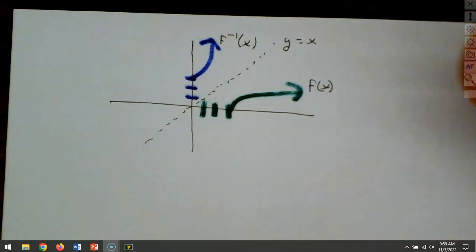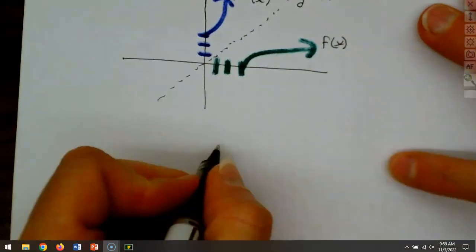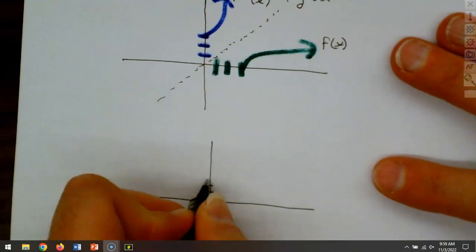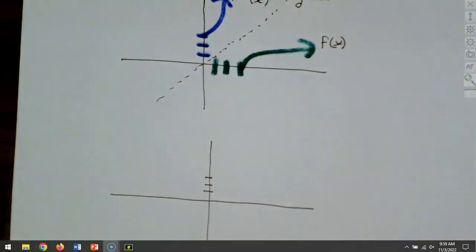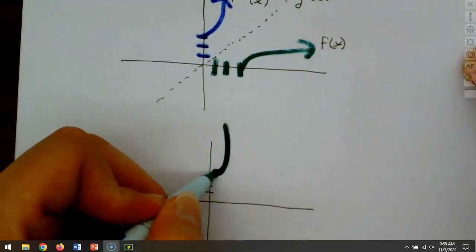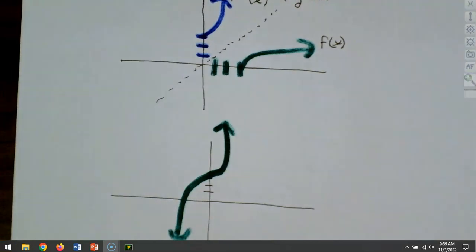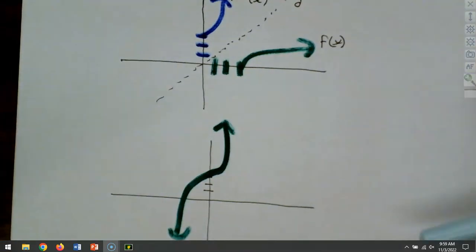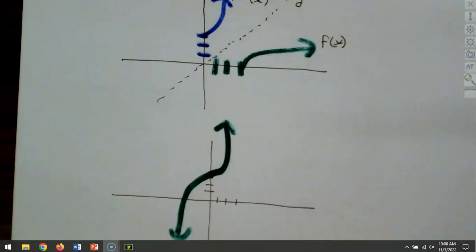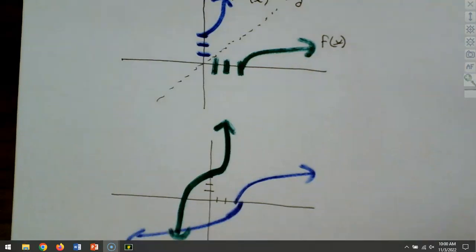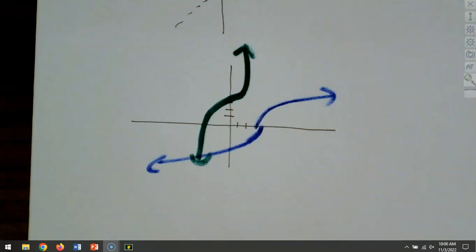Let's look at another one. So these are inverses. Here's another one that's an inverse. These are also inverses. Now, why would these be inverses?